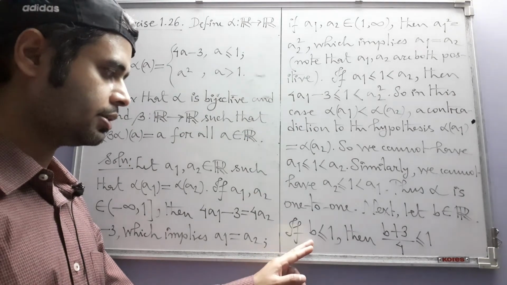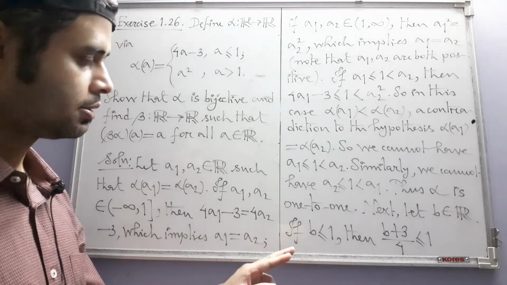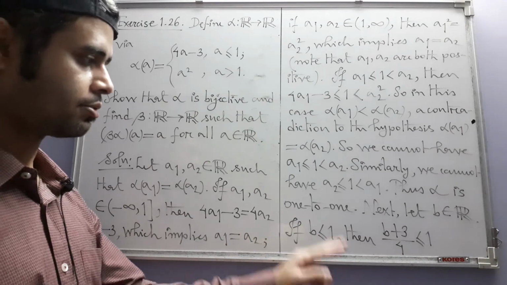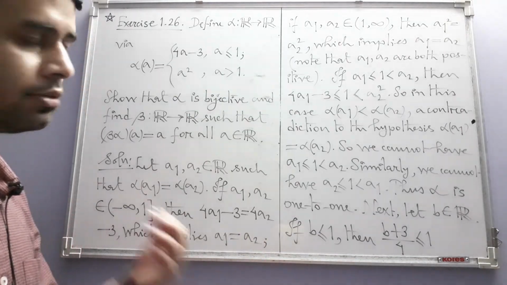How are we getting this? Add 3 on both sides. You get B plus 3 less than or equal to 4, then divide throughout by 4.